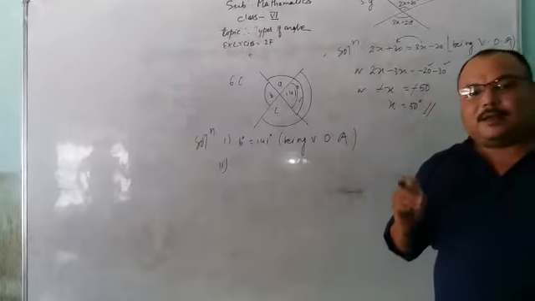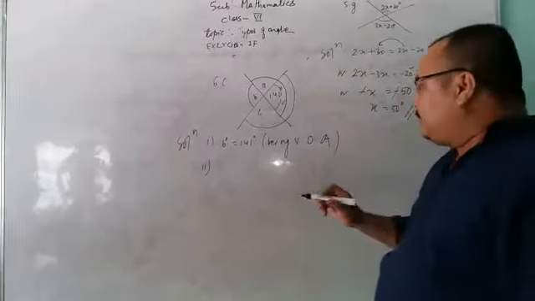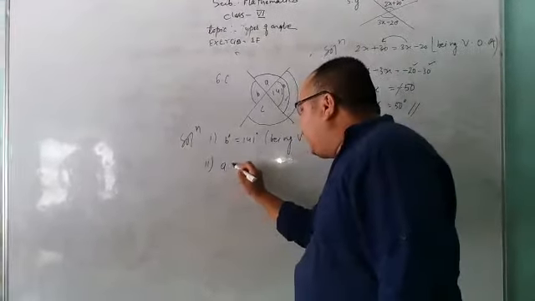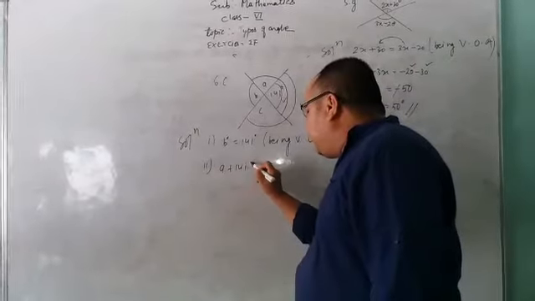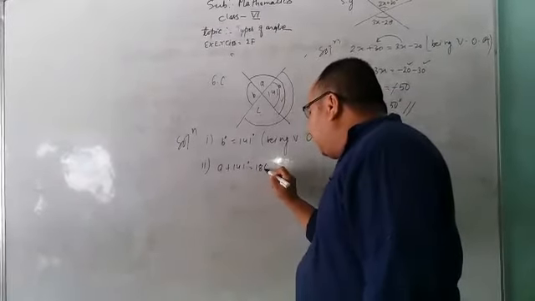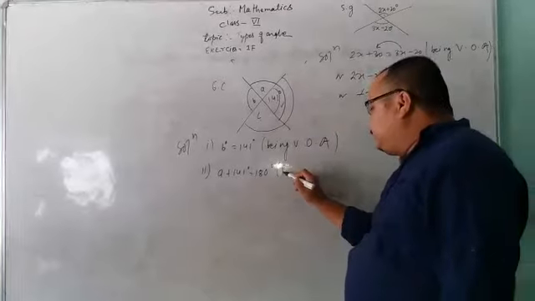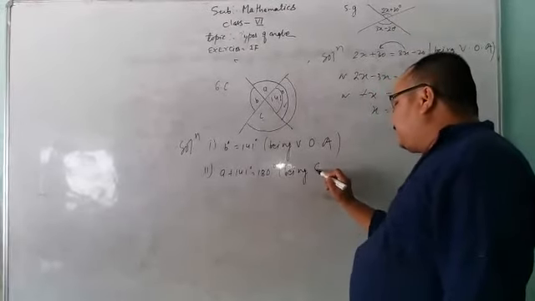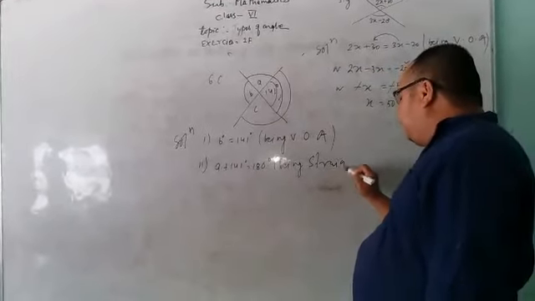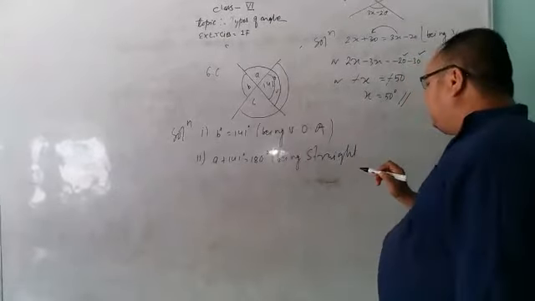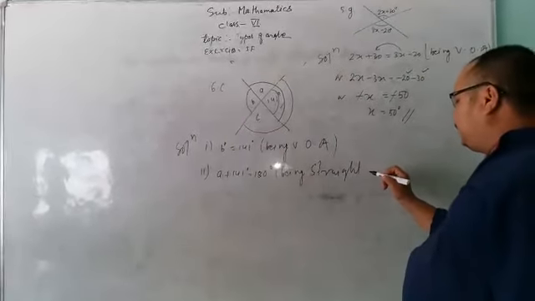Its sum will be 180 degrees. So here A plus 141 degrees is equal to 180 degrees, being straight angles.